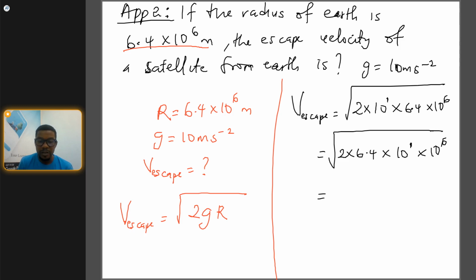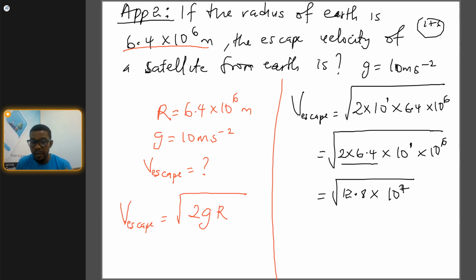So we'll be having the square root of, multiply this together first, 2 times 6.4, that will give us 12.8 times 10 raised to power 1 times 10 raised to power 6. That will give us 10 raised to power 1 plus 6, and that is 7. Okay, still following the law of indices. All right. So this now, we are going to find the square root of this.